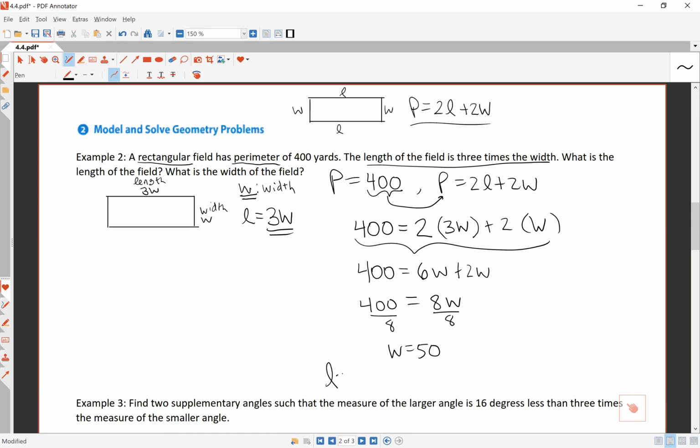Now the length is 3 times W, which tells us the length is 3 times 50, which is 150. So the length of the field is 150 yards.